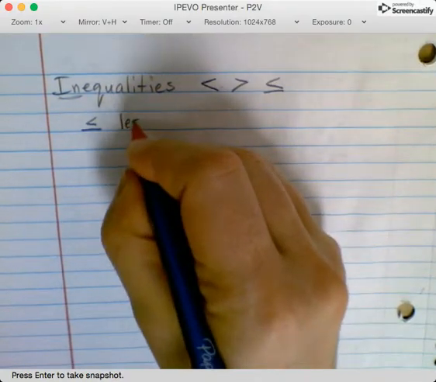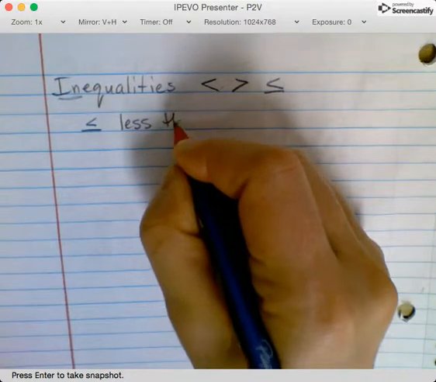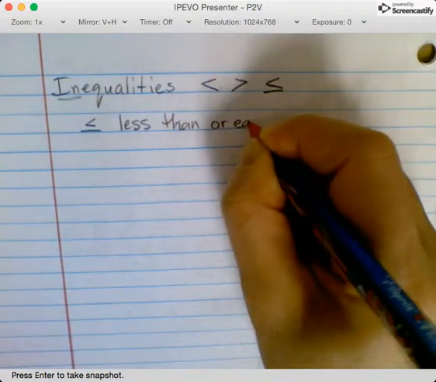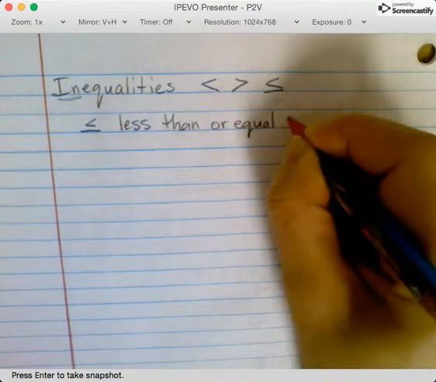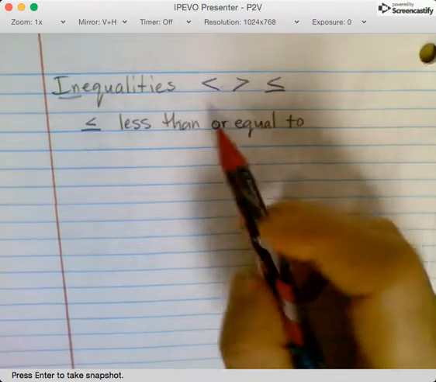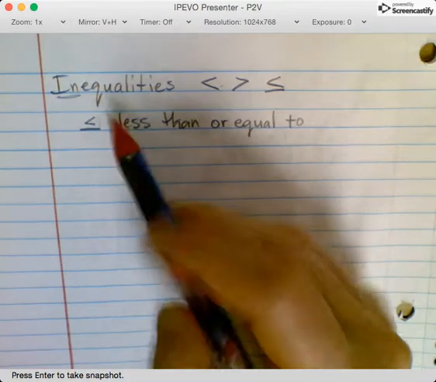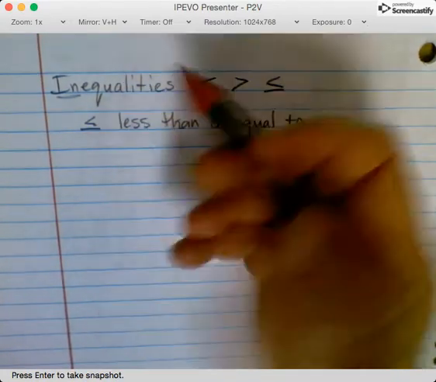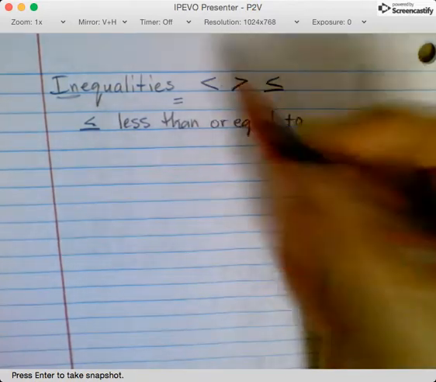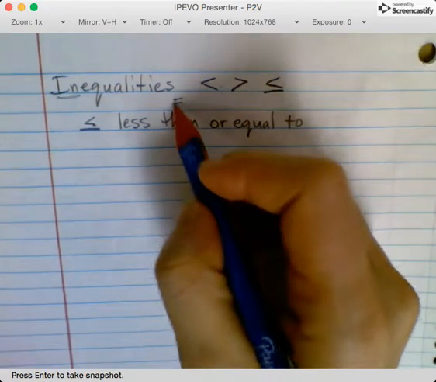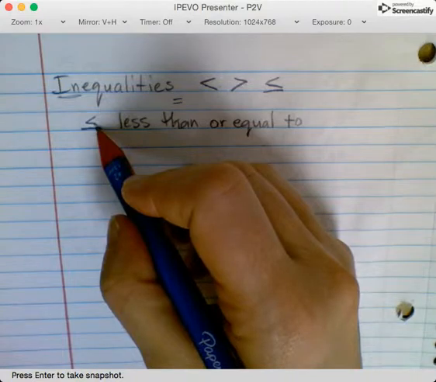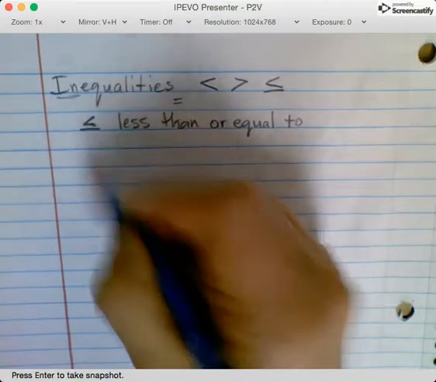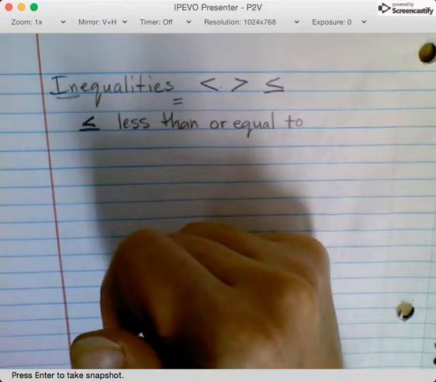This one means less than or equal to. If you think about the equal sign, it's got that line too. So it's got half of an equal sign, but it's not completely equal. So it is either less than or equal to that.